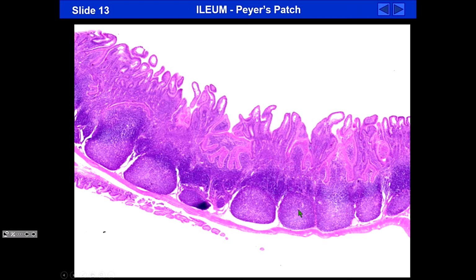The outer layer of a secondary nodule is the mantle, because that is the B cells that have yet to be activated, whereas the germinal center, which stains lighter, has more plasma cells in it. The B cells differentiated into plasma cells. The plasma cells have more cytoplasm containing rough endoplasmic reticulum.